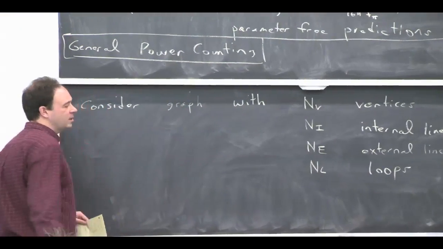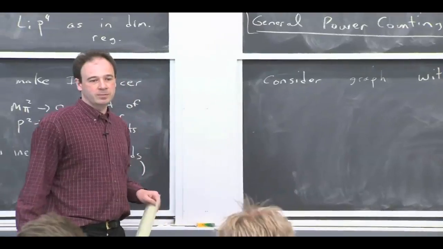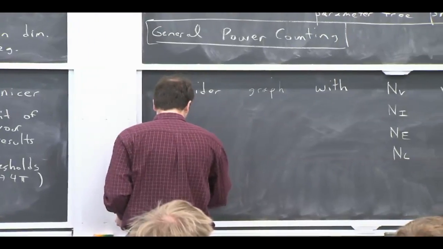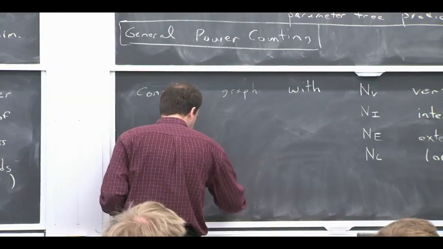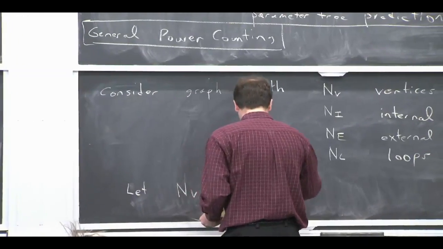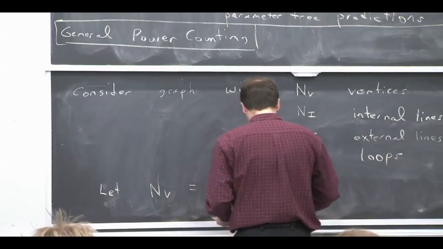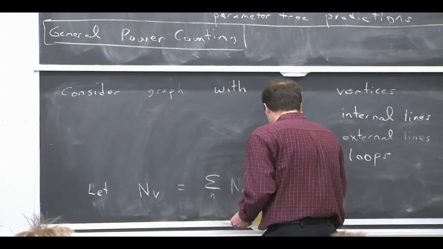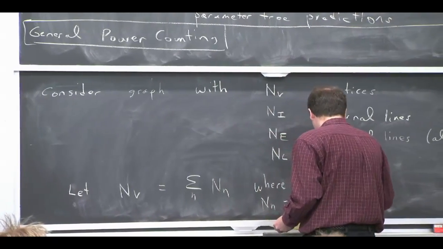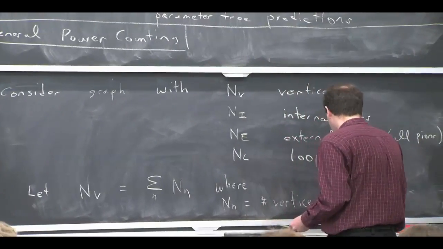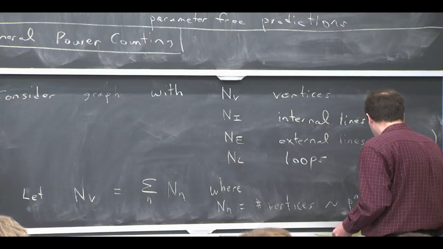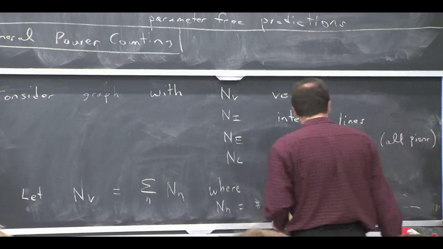And when I talk about vertices, I don't want to restrict myself just to the leading order vertices. I want to talk about also these LIs and higher order vertices as well. So let me have a notation for that, where I take this integer NV, which counts all vertices, and split it into pieces that count the vertices at each of those different orders in the expansion in P. So Nn is the number of vertices that are order P to the n, or m pi to the n, or combinations of P and m pi to the n.